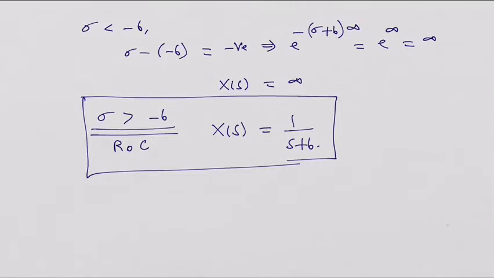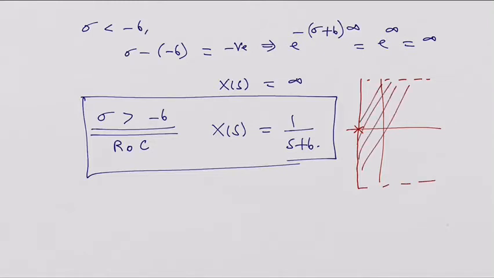If you ask me to plot it on a graph sheet, I am ready to show you in an s-plane, where I'll simply take a line passing through sigma equal to minus 6, and show you the set of all points. This is the region in which the set of all points of s, for which the Laplace transform of 1 divided by s plus 6 will exist with a finite value.